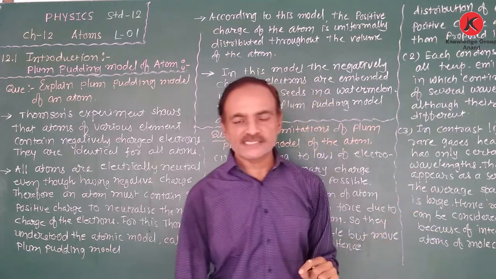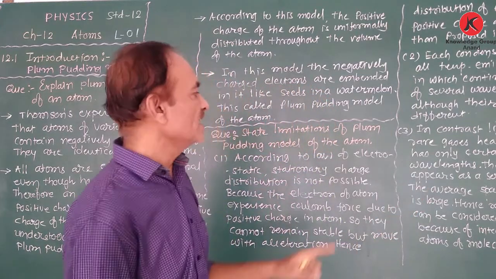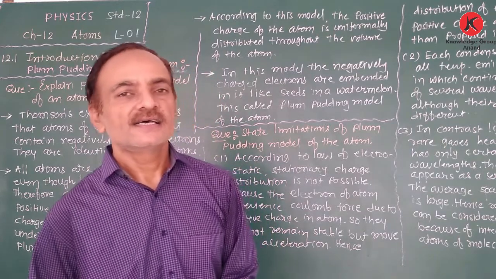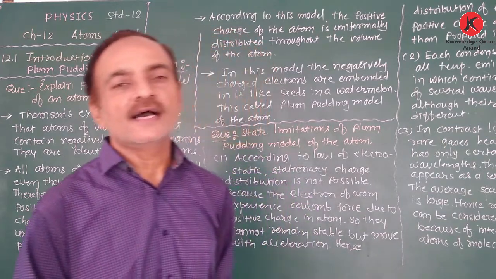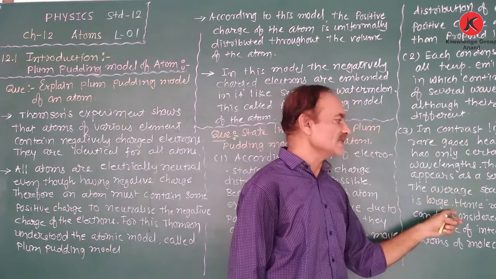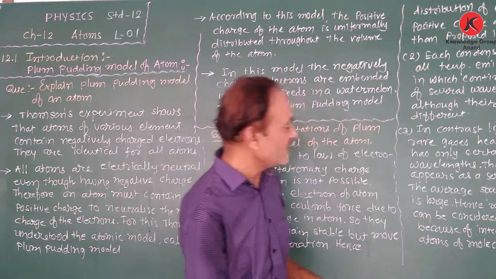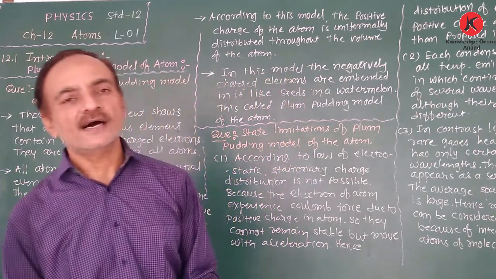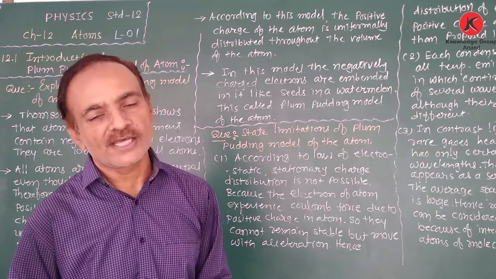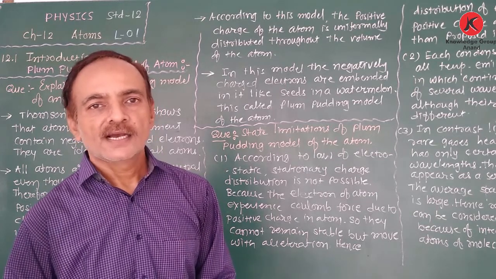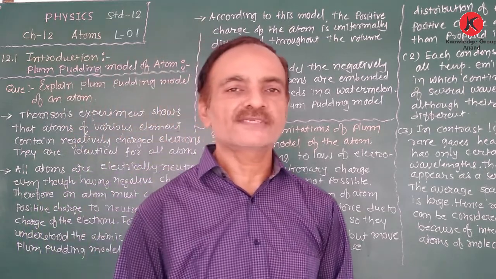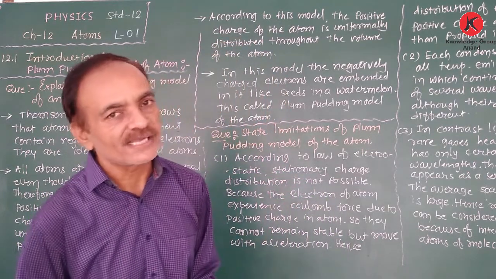The average spacing between the atoms is large. Here, in the Plum pudding model, the average spacing between the atoms is very large. Hence, the radiation emitted can be considered due to the individual atoms, not due to the interaction between the molecules or atoms. But inside the atoms, the interaction between the electron and positive charges also takes place.